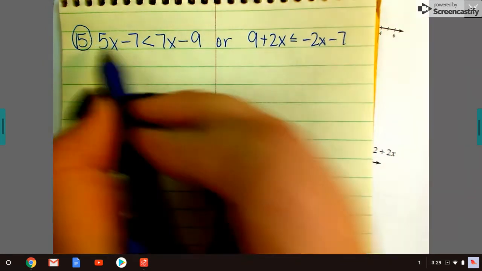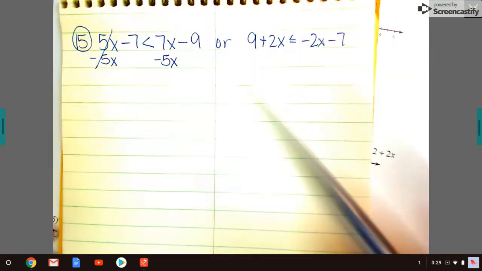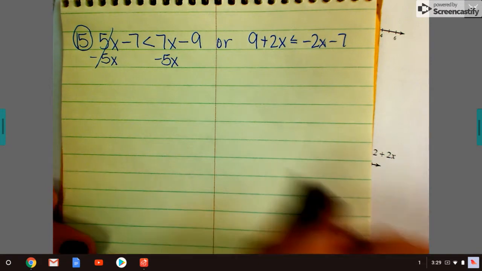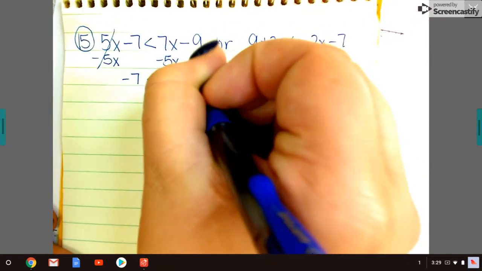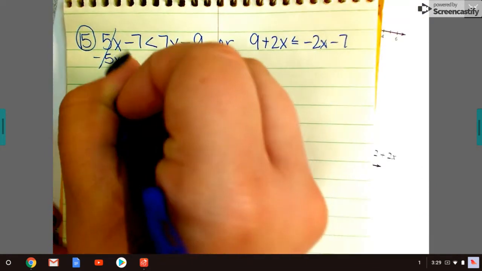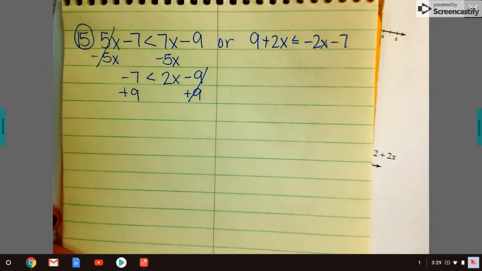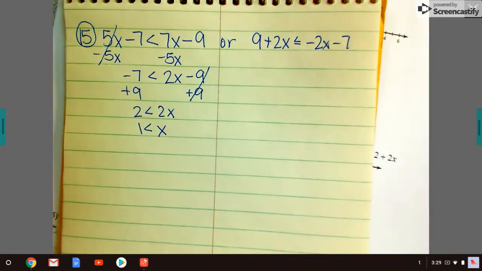So let's get all our variables to the same side. I'm going to carry the one that weighs less and then drop down everything else. And a two-step equation from here. I'm going to add 9 to both sides. 2 is less than 2x, so 1 is less than x.